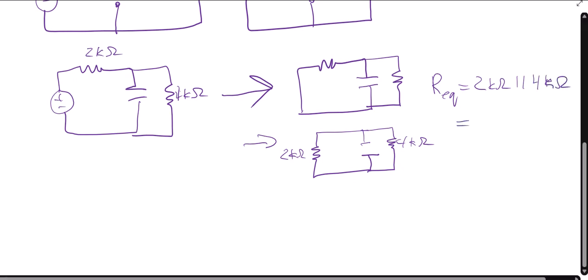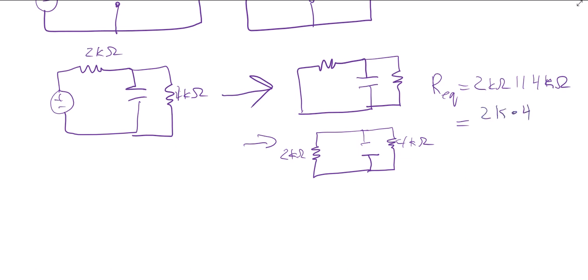So our equivalent is 2 kilo ohms in parallel with 4 kilo ohms. And we'll do that with product over sum. So that's 2K times 4K over 6K. So one of my K's cancels, and I have 8K over 6, which is 1.333K ohms.